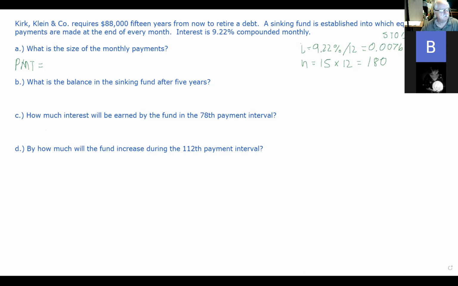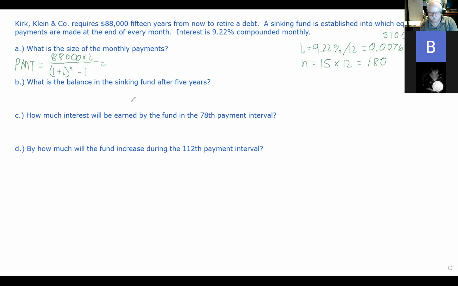So it's going to be our future value, 88000 times i, all over, oh, we need another 0 there. That'll help. All over 1 plus i to the power of n minus 1. Let's try that, see what we get.